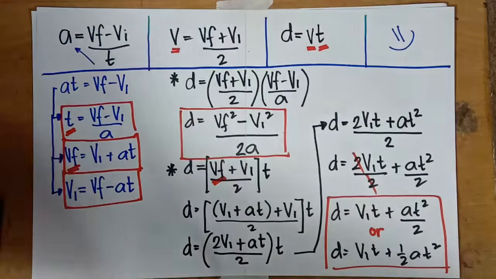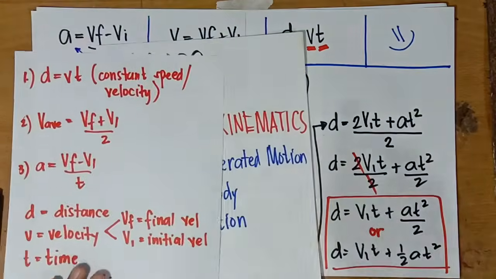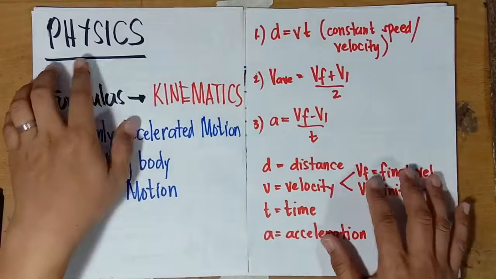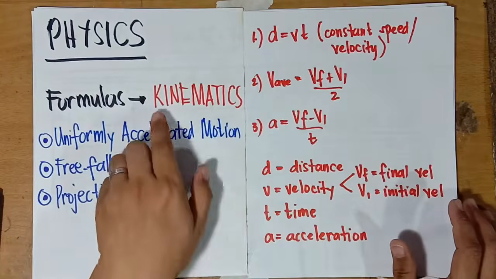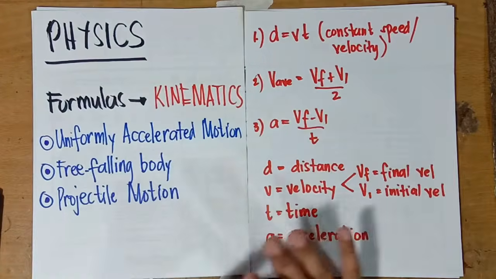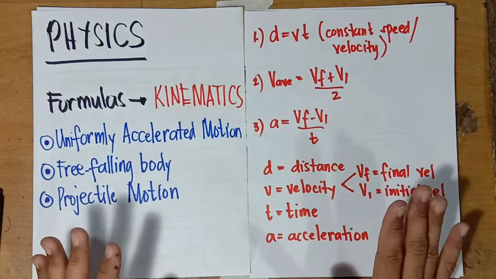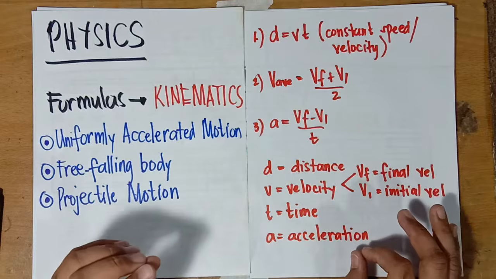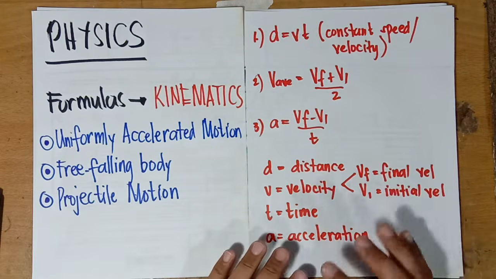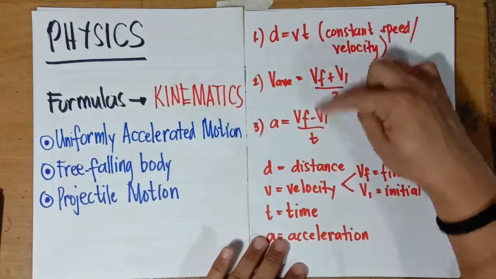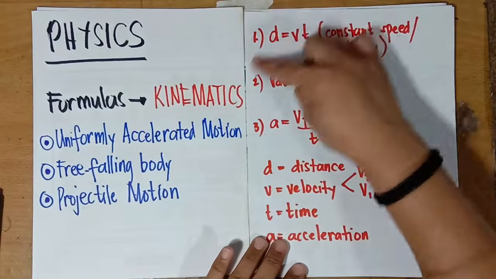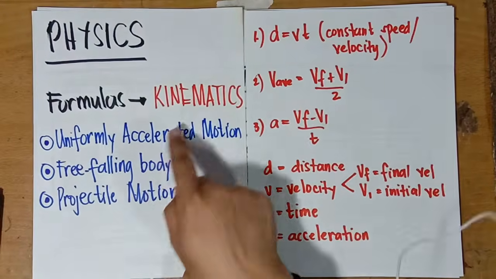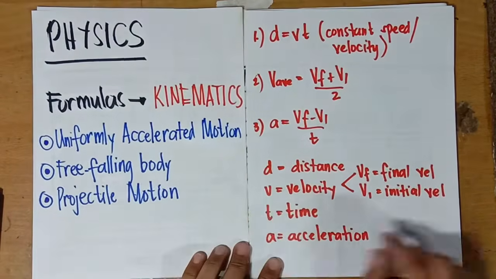So going back, let us have a review. In the subject physics, one of the topics is kinematics, and kinematics has lots of formulas to memorize. And for you to get rid of memorizing lots of formulas, I will now be teaching you to derive formulas by just using these 3 main formulas, used in these 3 subtopics under kinematics.